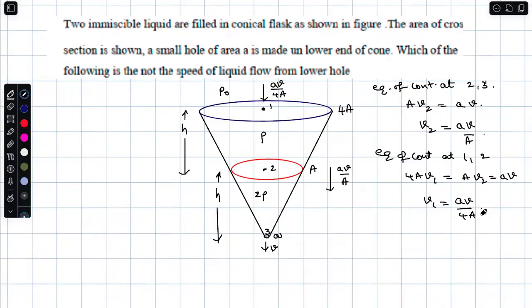Yeah. Now I am moving on to the next step, applying Bernoulli's equation. So here I am applying Bernoulli's equation at 1, 2. P naught plus half 2 rho V1 square is equal to, at this point, pressure.